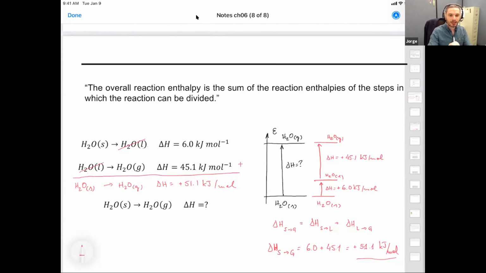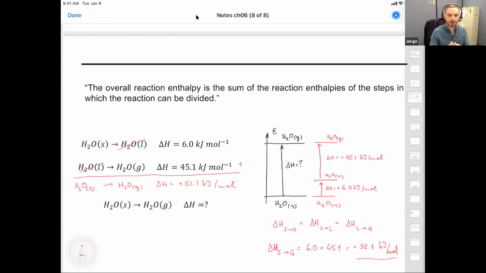So treat chemical reactions as mathematical equations. Look at your reaction problem and the individual steps, and then we will arrange the chemical reactions to add up and get the final delta H.